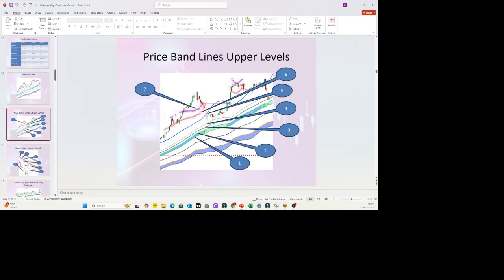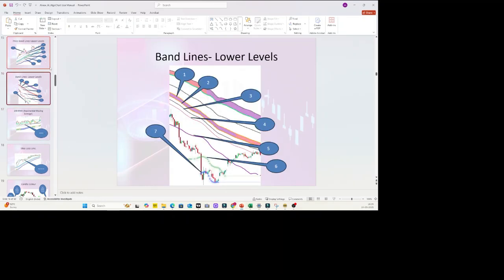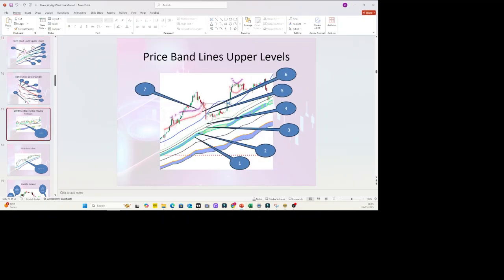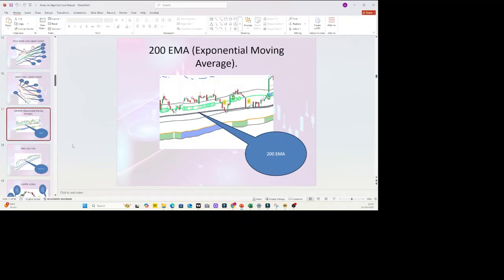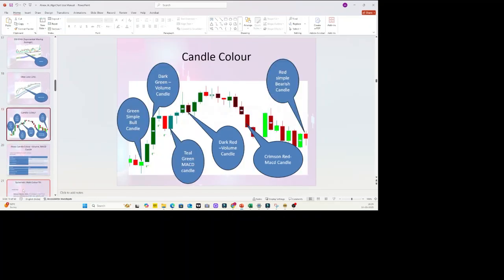We have seen the colors and where what line we are talking about. This is for bearish, and this was for bullish. And then we have this 200 EMA, and then we have this stop loss line. Candle colors: there are 6 colors, 3 for bull and 3 for bear.